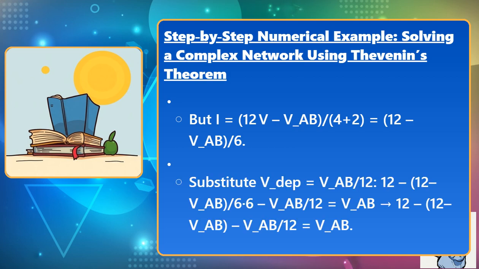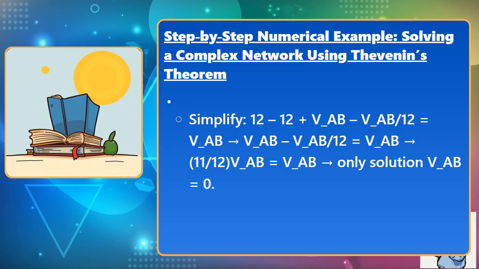Substitute V dependent equals V sub AB divided by 12. 12 minus open parenthesis 12 minus V sub AB close parenthesis divided by 6 times 6 minus V sub AB divided by 12 equals V sub AB, which simplifies to 12 minus V sub AB minus V sub AB divided by 12 equals V sub AB.